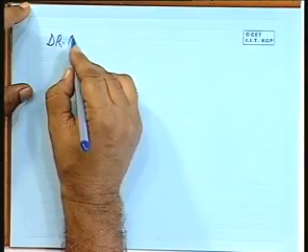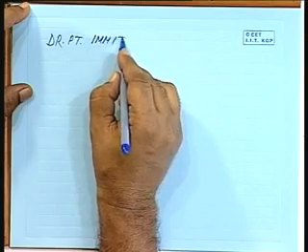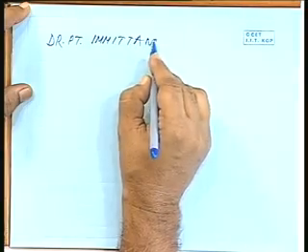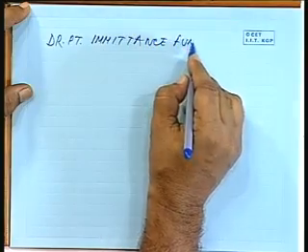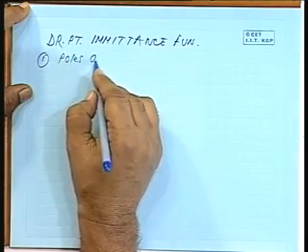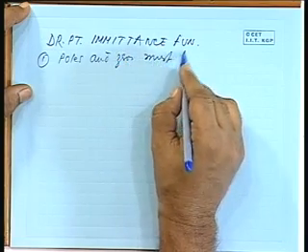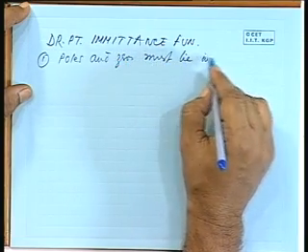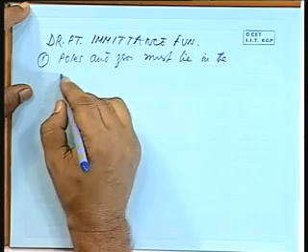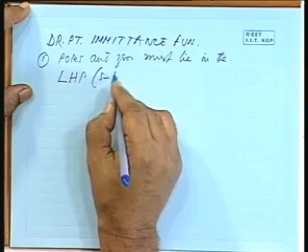So, one by one we will list out the properties of the driving point immittance function. So, one is poles and zeros must lie in the LHP in the s plane.